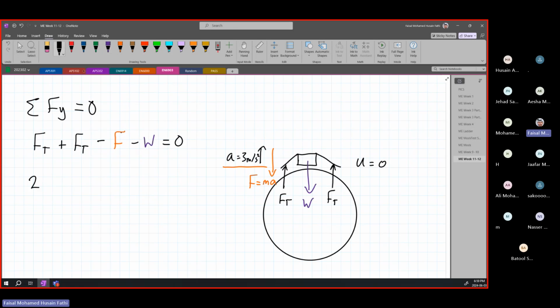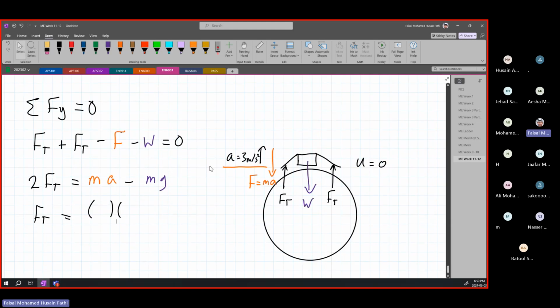In other words, 2Ft is equal to ma minus mg. So Ft is going to be equal to ma, the mass times the acceleration. What was the mass? 185.